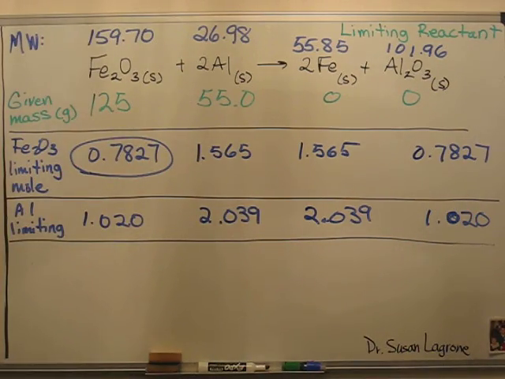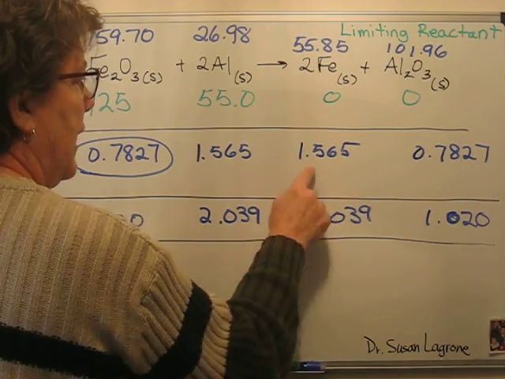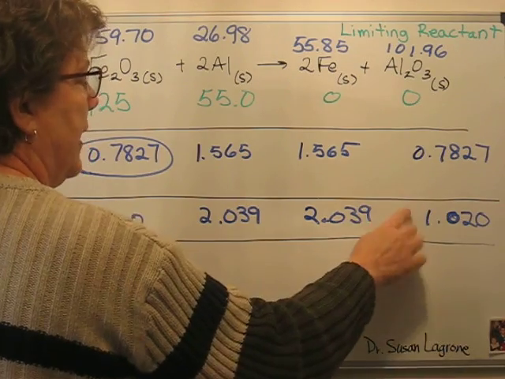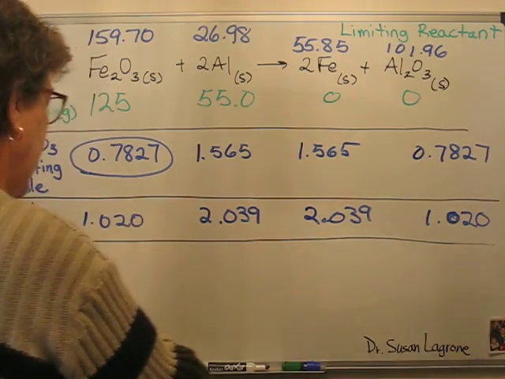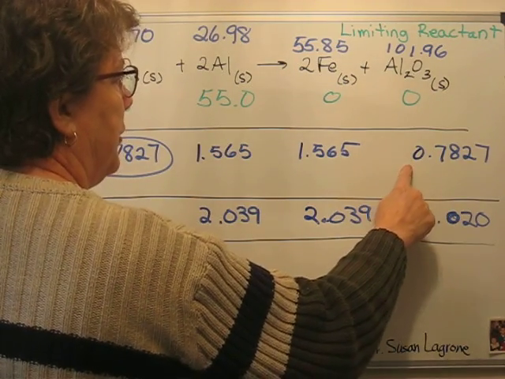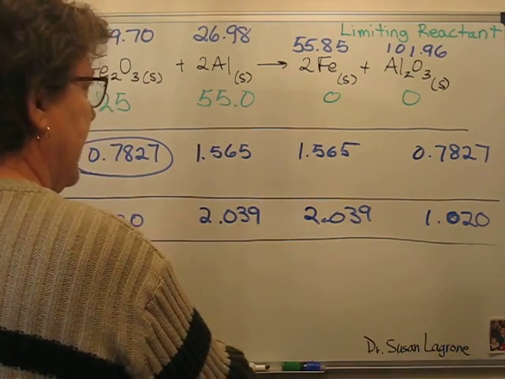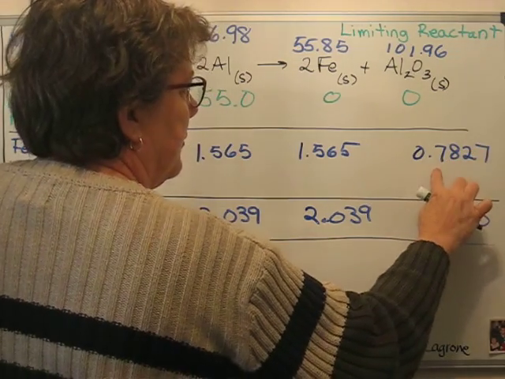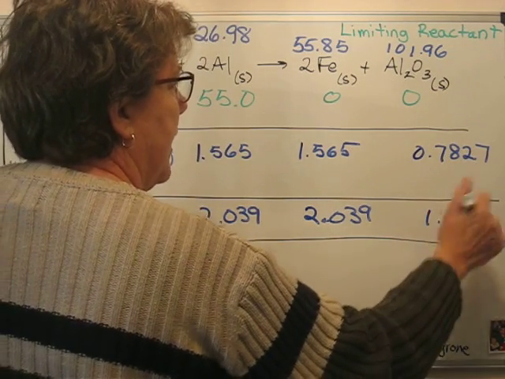To decide what's limiting, I look at the amount of product, and it doesn't matter if I look at iron or aluminum oxide, either one. But the limiting will come from the smaller amount of product produced. So this is definitely my limiting, because this product amount is less than that one.